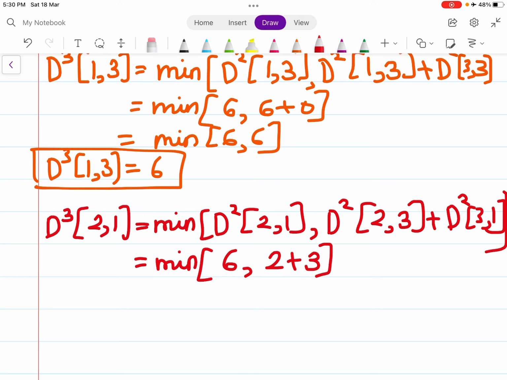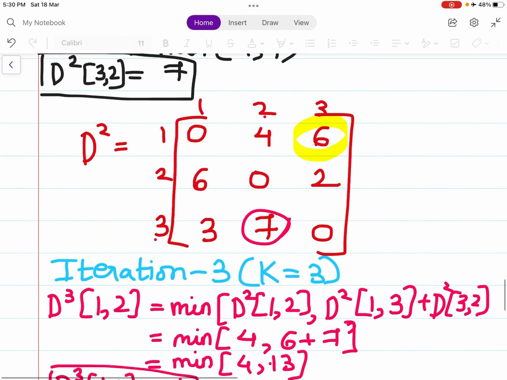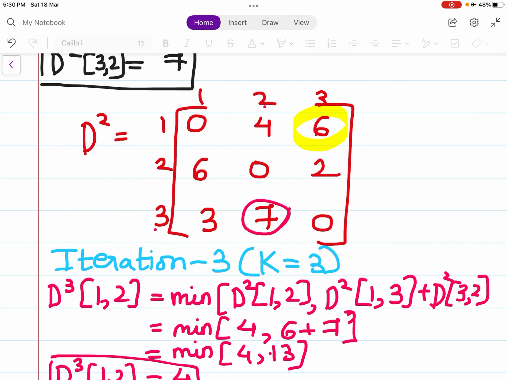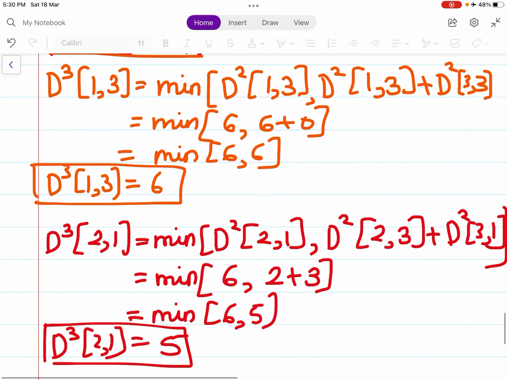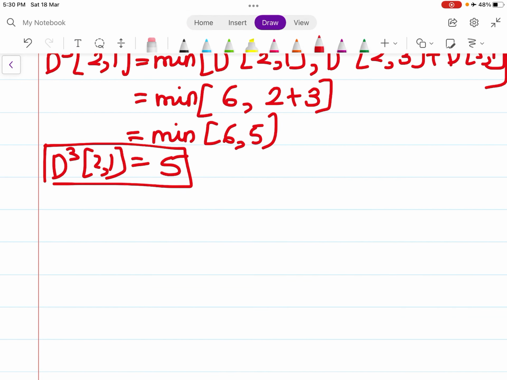So 2 plus 3, that is 5. So minimum of 6 comma 5 is 5. So D3 2 comma 1 is 5. If you notice, initially D2 2 comma 1 was 6, but now D3 has become 5. So it has reduced.